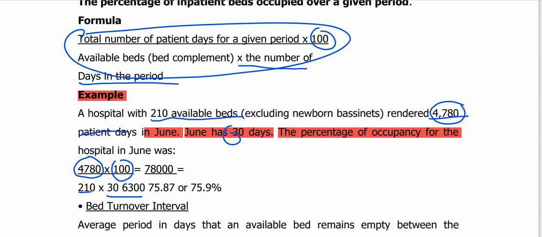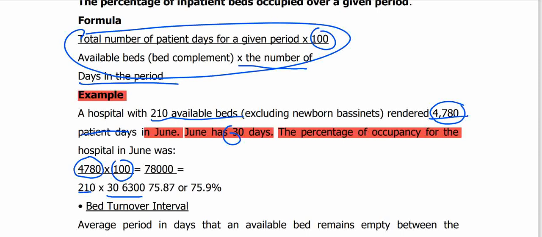So when you divide this, this is what you are going to get. You multiply and divide this by 100, okay, and then you divide by the total number of beds, and then you multiply by the number of days in a period.